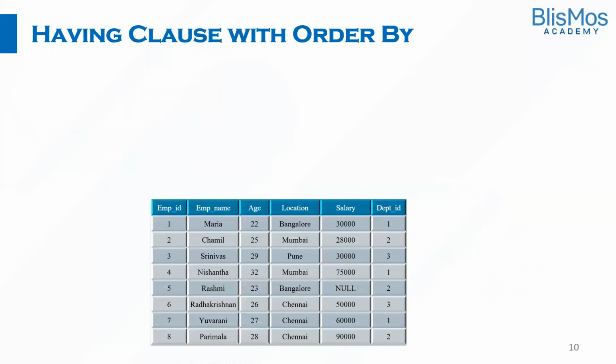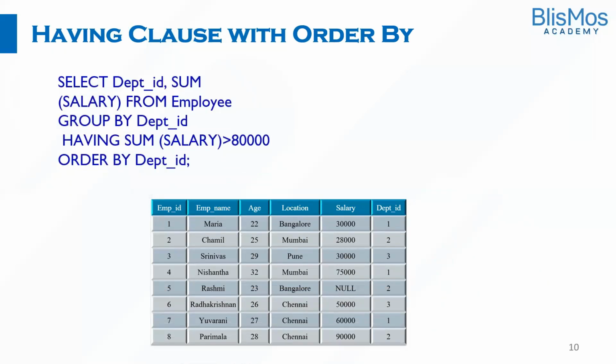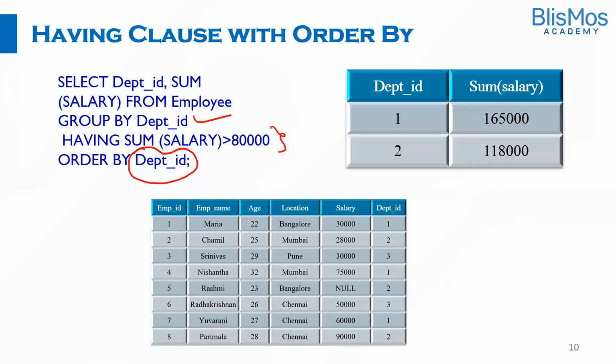Awesome, isn't it? So we can also use the HAVING clause with the ORDER BY. Here if you see, everything remains same. I'm saying GROUP BY department ID HAVING SUM salary greater than 80,000, and I'm saying ORDER BY department ID. When we execute this, it will order by the department ID. Since we are not mentioning ascending or descending, it is sorting in ascending order.